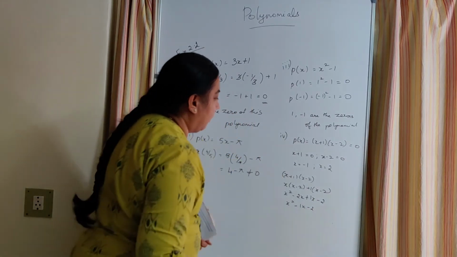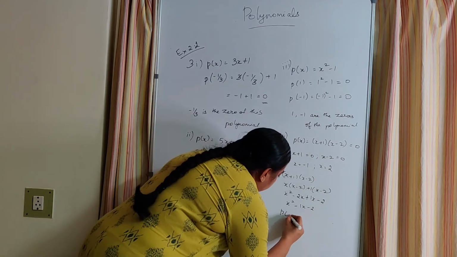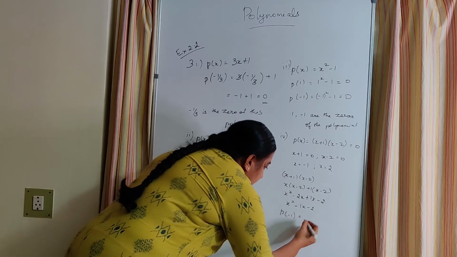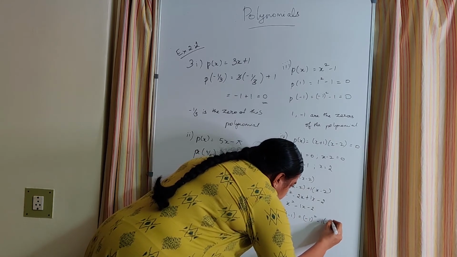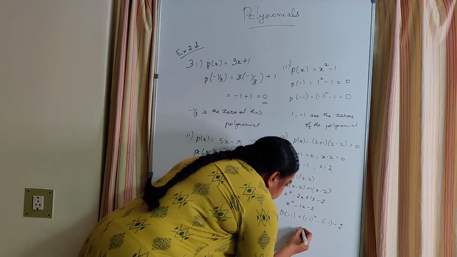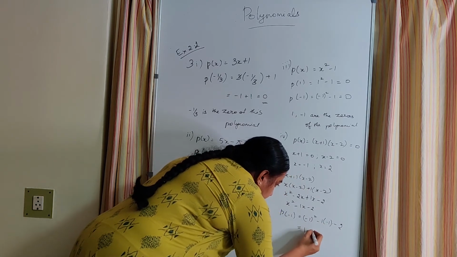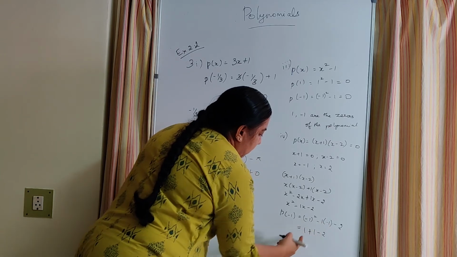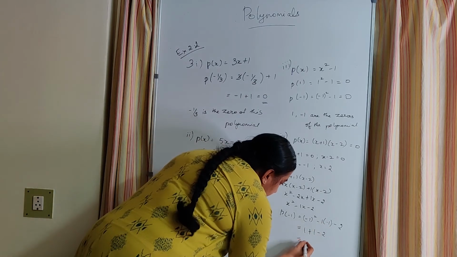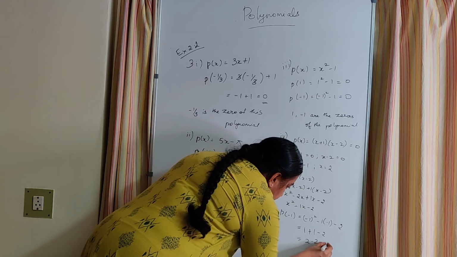I have to substitute the values, p of minus 1. So when I substitute minus 1 whole square, minus 1 into minus 1 and minus 2 again. This term becomes 1 and this term again minus 1 into minus 1 plus 1. So 1 plus 1 is 2. Minus 2 is equal to 0.